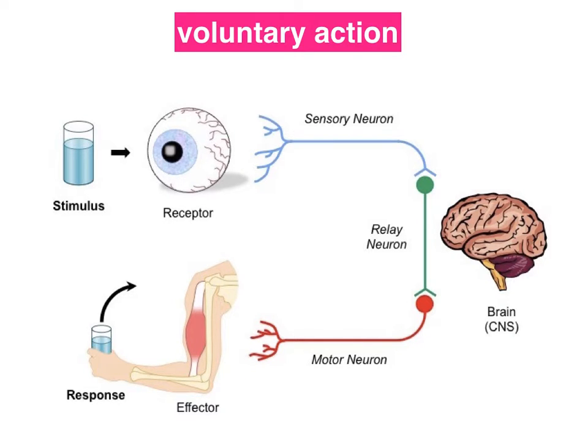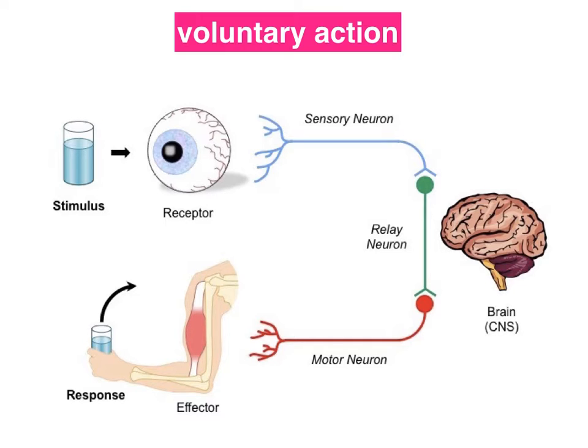In here we can see an example of a voluntary action. Voluntary actions are those actions that you do, or you could choose not to do if you don't want. Imagine you see a glass of water with your eye, and then this information goes to your brain. Your brain decides that it's a good idea to have a little bit of water, and then sends a message through the motor nerves to your arm. So you take the glass of water and you drink it.